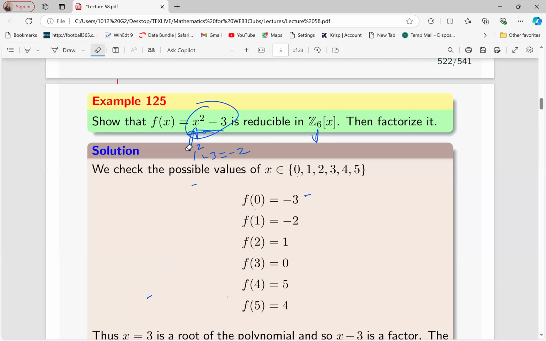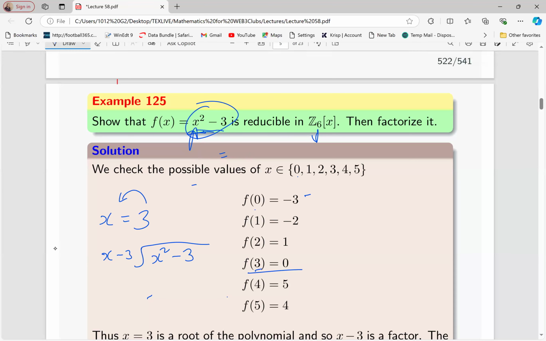So what is the factorization of this? What we found is that x is 3. If I take this to the other side, it means x minus 3 can divide this polynomial, because 3 is a root.